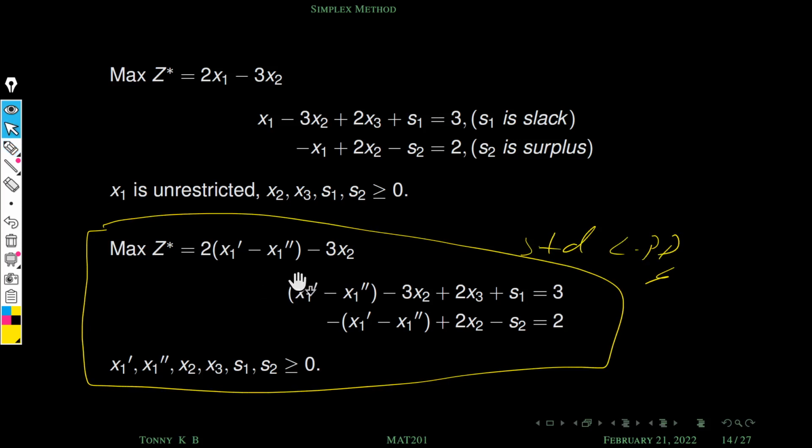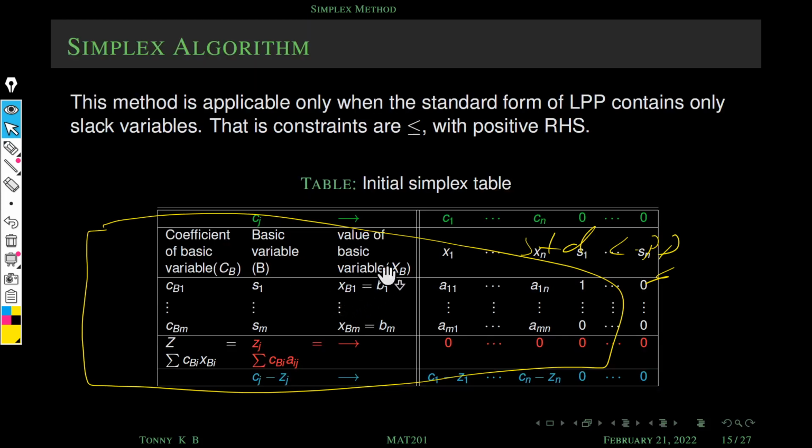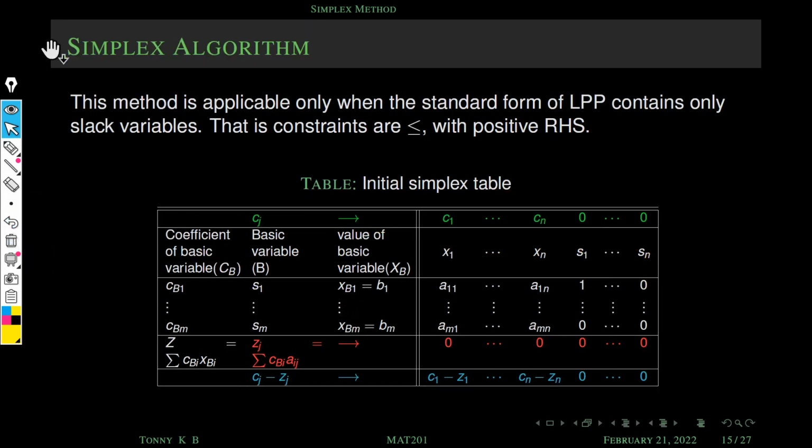Okay, our aim is to solve a given LPP. So for solving an LPP using simplex method, first we have to convert it into standard form. But we have an extra restriction for applying the simplex algorithm on an LPP. After converting to the standard form, all the constraints are less than or equal to with positive RHS.